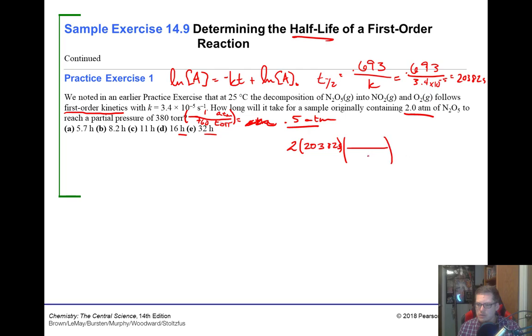For every 1 hour, we have 3,600 seconds, 60 times 60. So we take 2 times our answer from the previous one, divided by 3,600, and we get 11.3, but everything has 2 sig figs, so it'd be 11 hours. So C again. Imagine that.